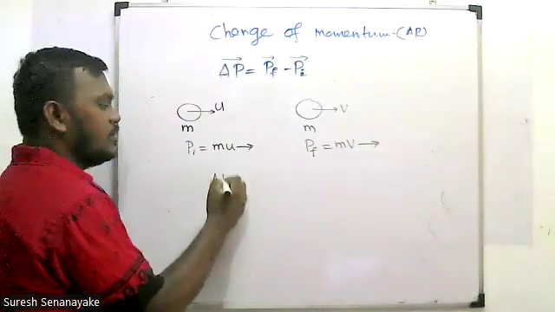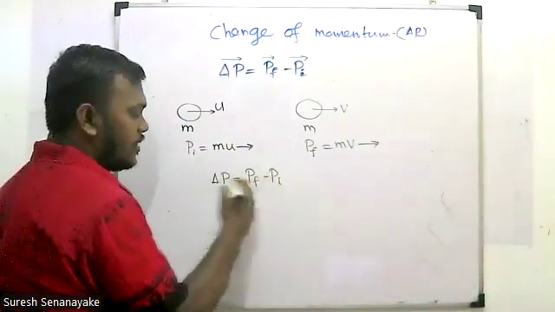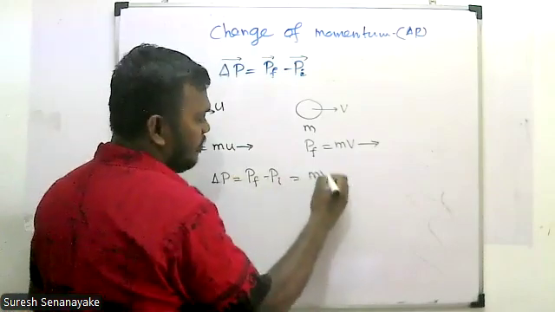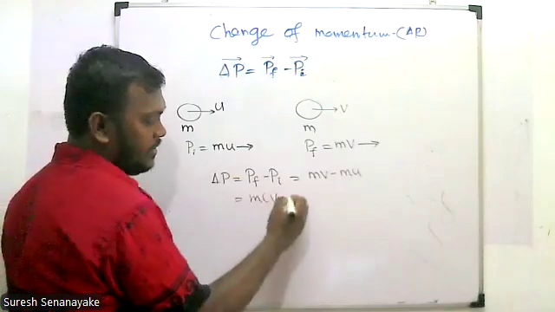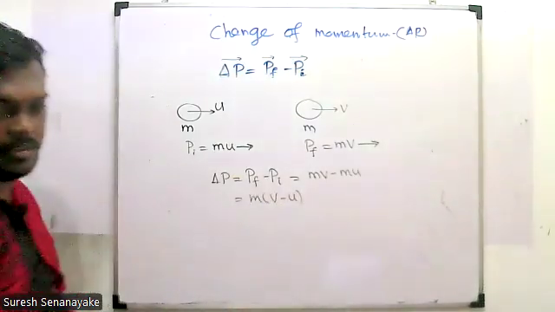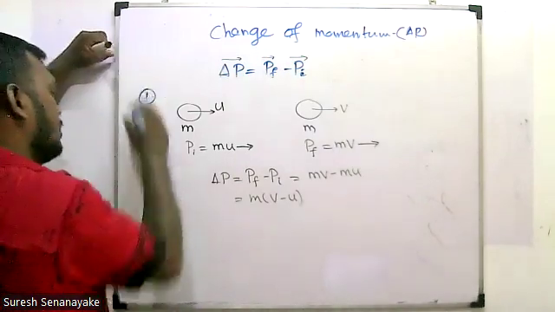In this case, since both are in the same direction, you can take the change in momentum as mv minus mu. Clear? So this is the change in momentum of this body. This doesn't matter much. That is the first case.